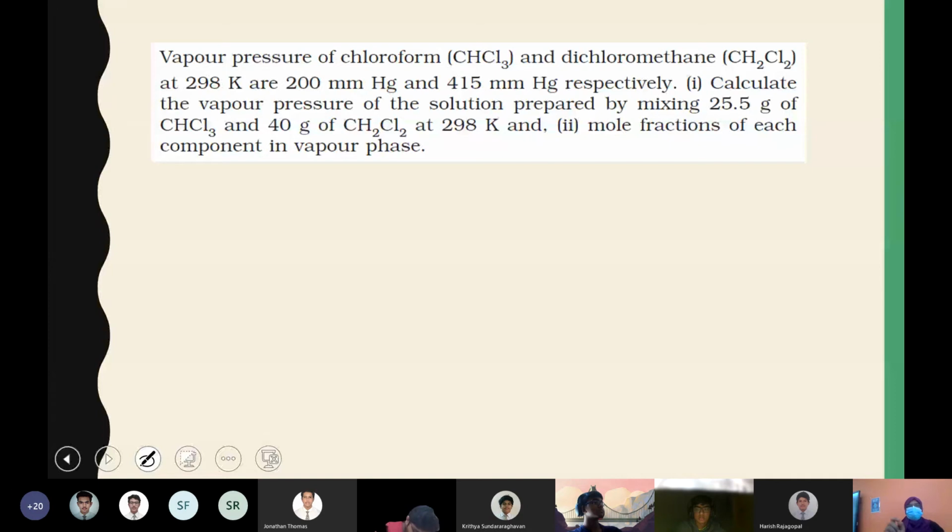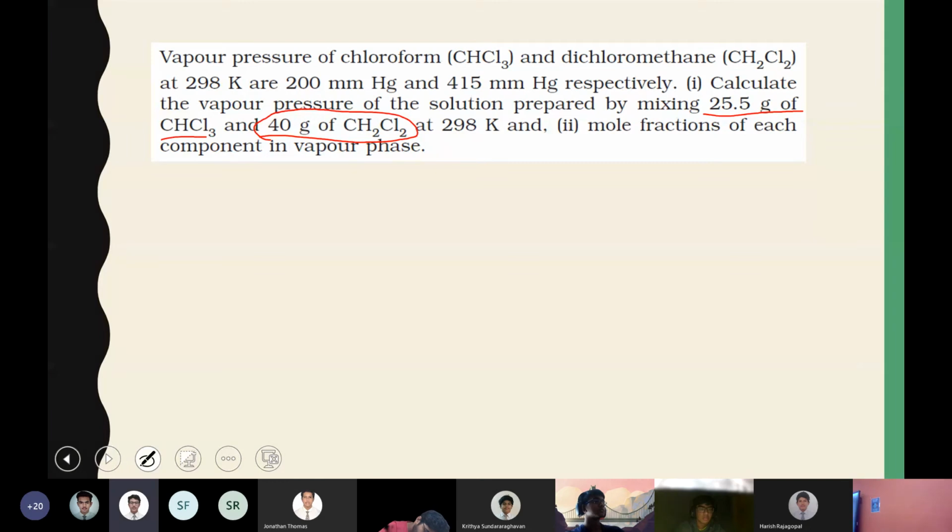So they said that you have got two liquids, chloroform and dichloromethane. So it's automatically understood that it's a liquid solution. Both are volatile. In the pure form, it is 40 gram of dichloromethane and 25.5 gram of chloroform. So which is solute and which one is solvent?